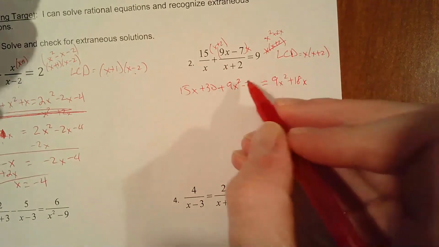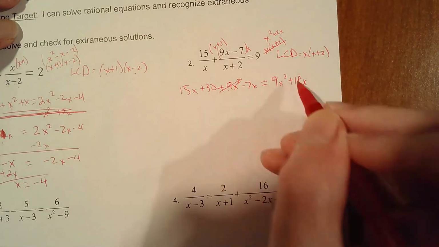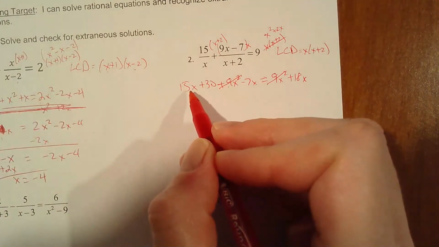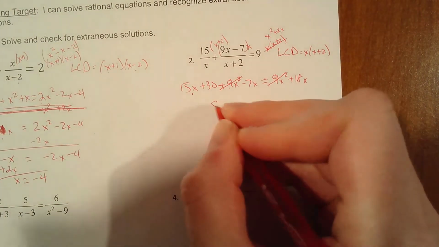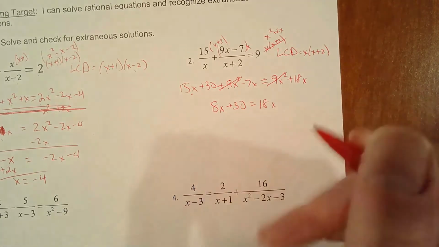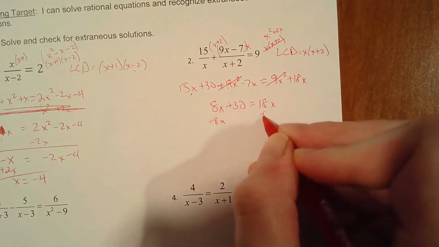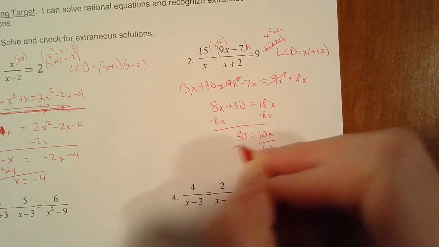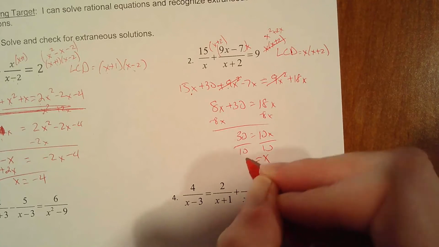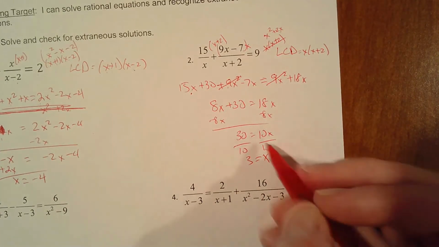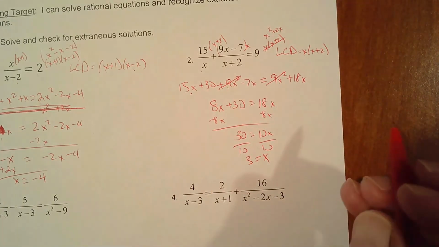Well, first off, I see the 9x squareds. I'm just going to wipe those out. If I subtract 9x squared from both sides, they're gone. So 15x minus 7x would be 8x plus 30 equals 18x. So if I subtract 8x, so x equals 3.